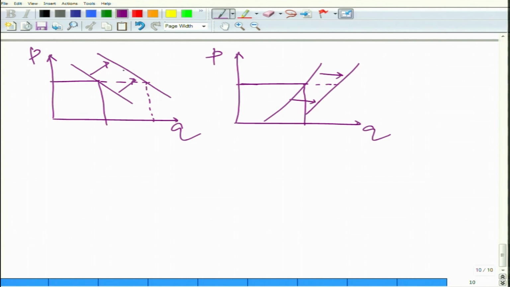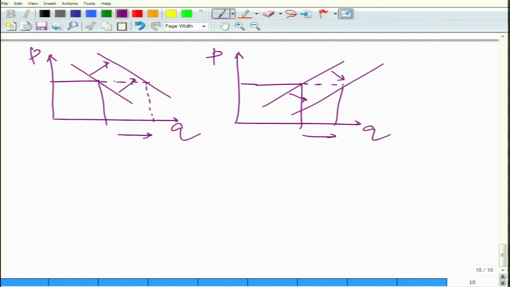So both of them are on the right side, but if you see the upward or downward direction, in case of demand it goes upwards, in case of supply it goes downwards. But primarily both of them are moving rightwards because the quantity is increasing, keeping the price the same.